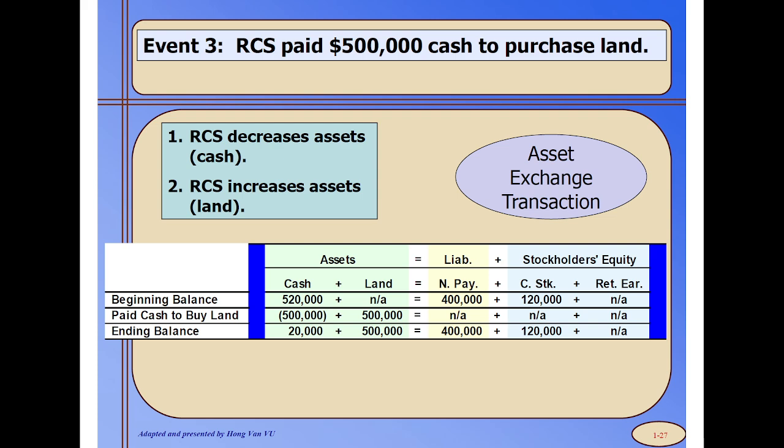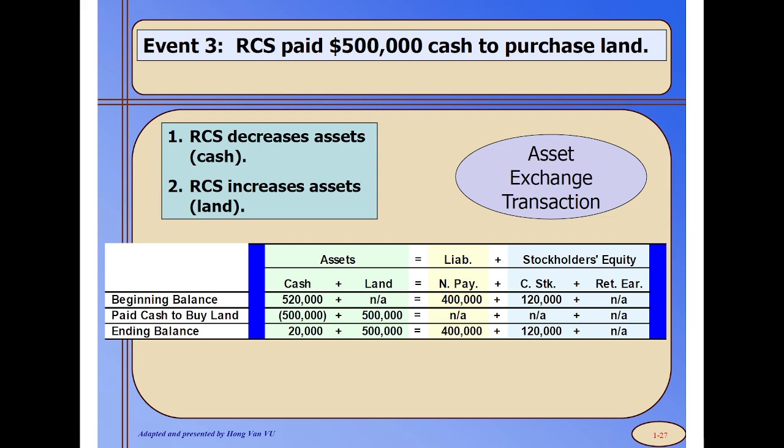However, because the company used the cash to buy land, the land account increases by 500,000. So this is an exchange. This is an asset exchange transaction because the company exchanges the cash, the asset, to buy the land.